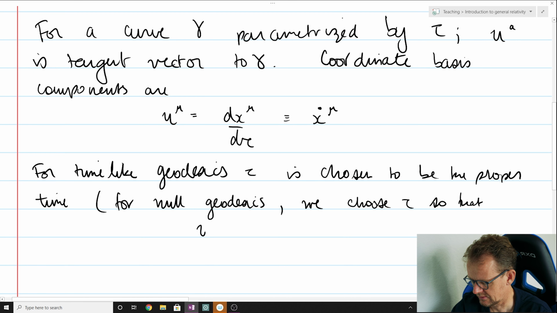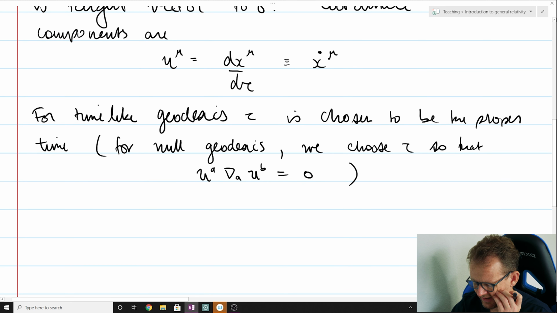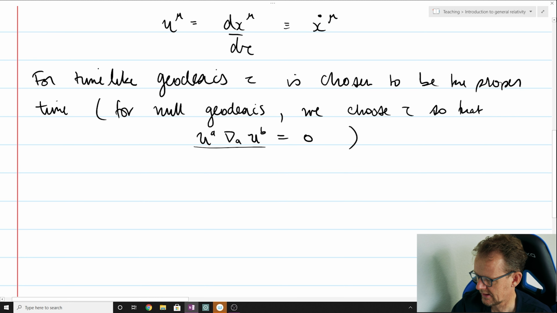You just choose tau so that the covariant derivative of u along the tangent vector vanishes. Remember, there's an extra affine freedom in choosing these curve parameters, so that this equation is only satisfied for one particular choice.